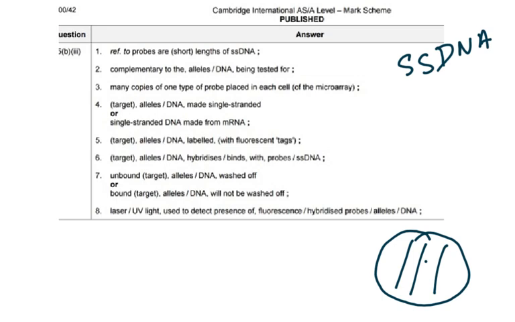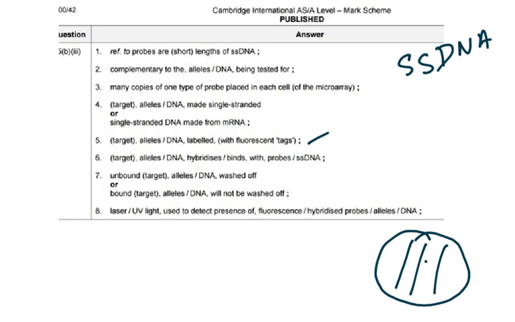Then number 4, target alleles, DNA made single-stranded. Naturally, we'd have to have single-stranded DNA, so we'd have to denature it and split the strands. So single-stranded DNA made from either mRNA, or of course we split the DNA. Number 5, target alleles or DNA labeled with fluorescent tags, red, green.